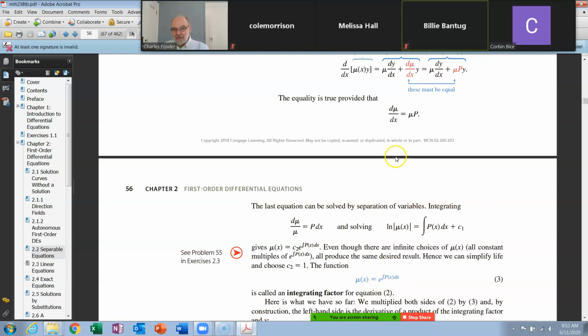We don't know p of x, it's a generic form, but if it is an integrable function, integrate it and take it as the argument of e. That becomes your μ of x. That's called the integrating factor. Why do we call it that? You multiply everything on both sides of the equation by that μ, and it works.